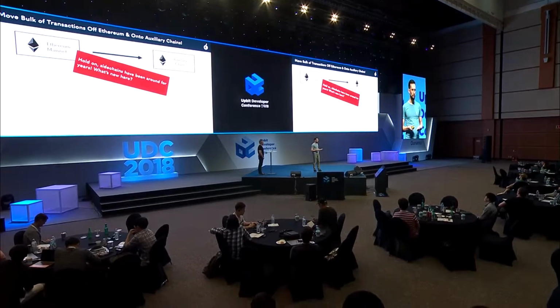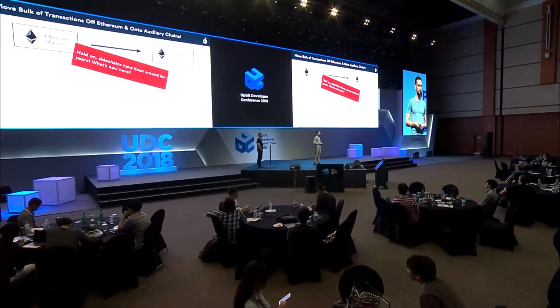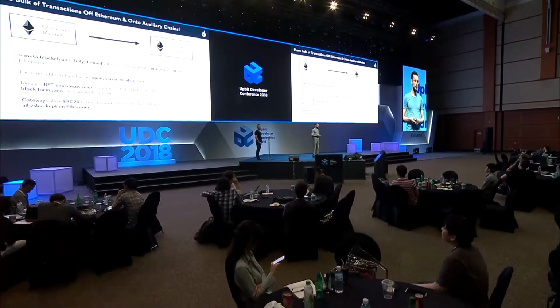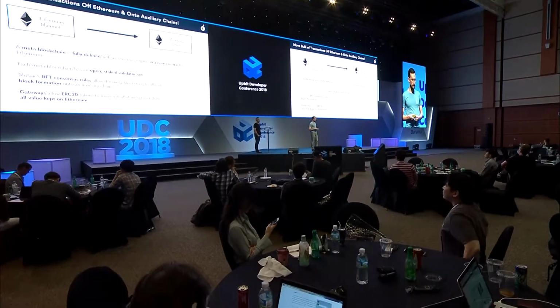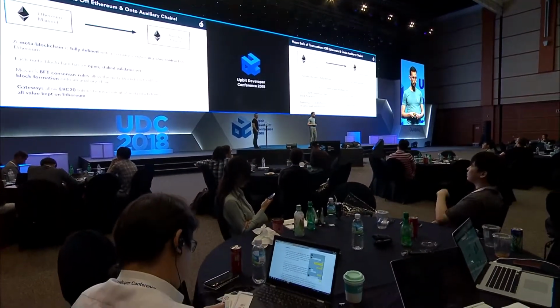And so it's important to note that now we have two Ethereum interfaces, right? We have the EVM of the Ethereum mainnet, and each of these auxiliary chains also has an Ethereum EVM interface. But hold on, sidechains have been around for years. What's different here? So let's define what a meta blockchain is. It's a full blockchain with a consensus engine in a core contract on Ethereum.